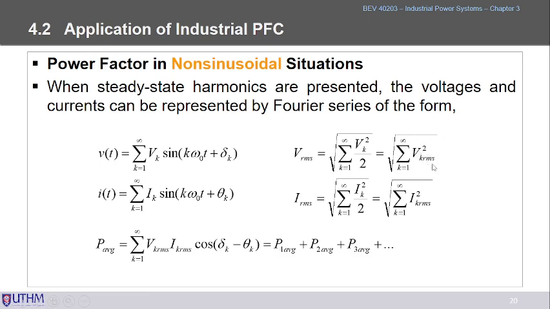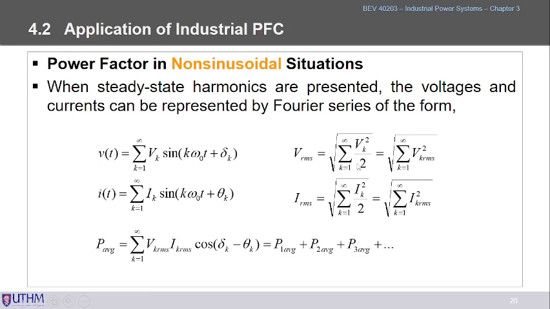That means we take the RMS of all the harmonic orders. Let's say we have harmonic order 1, of course the fundamental, then harmonic order 2, 3, 4, etc. We just square them, sum them, and then take the square root.